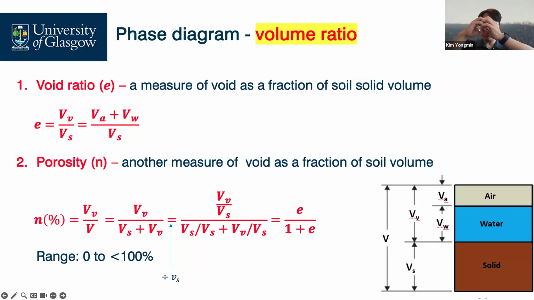And after some compaction, something like that, now I cannot see you. We will get smaller void ratio and porosity compared to the initial void ratio and porosity. These quantities tell us about the void space proportions.